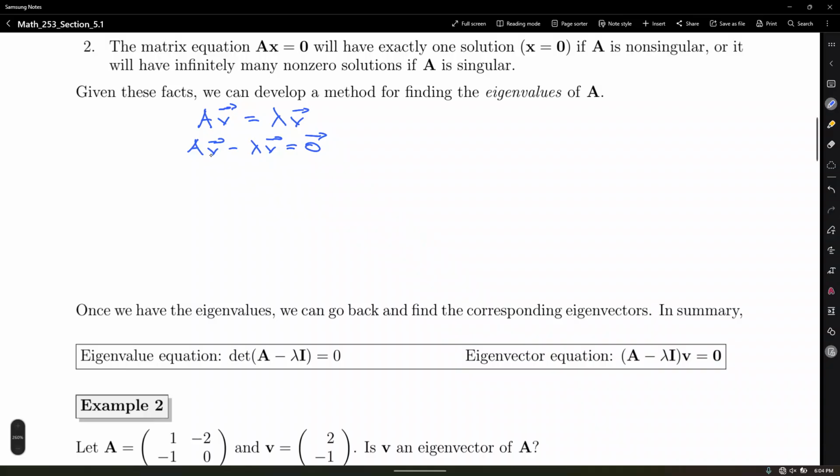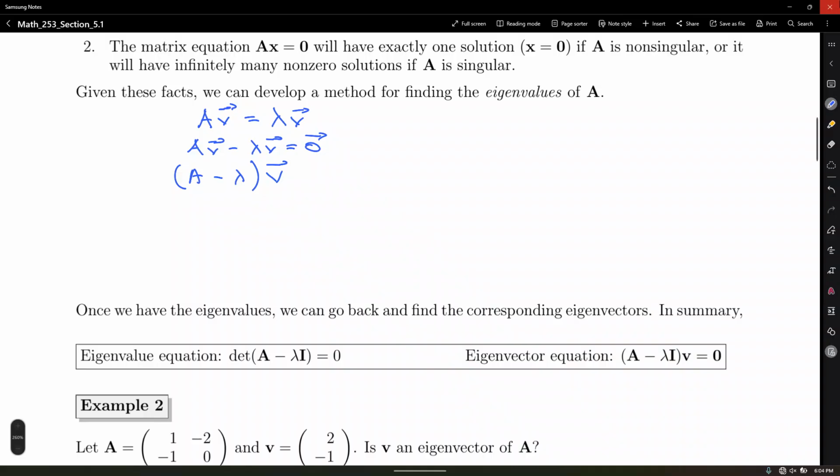Clearly there is a common factor here, which is the vector v, and I would like to factor it out. However, if I do so, don't write this yet. A minus lambda: we're in a big situation there, because A is an n by n matrix and lambda is just a number.